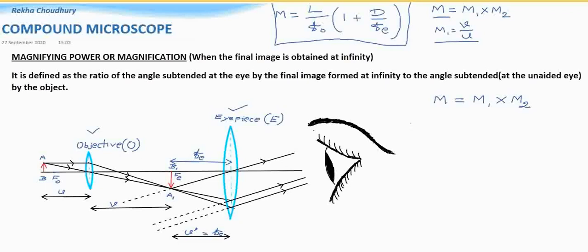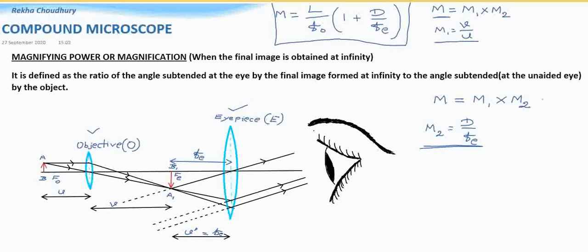We also derived that in the case of a simple microscope, when the final image is formed at infinity, the magnification m2 is equal to D divided by FE.